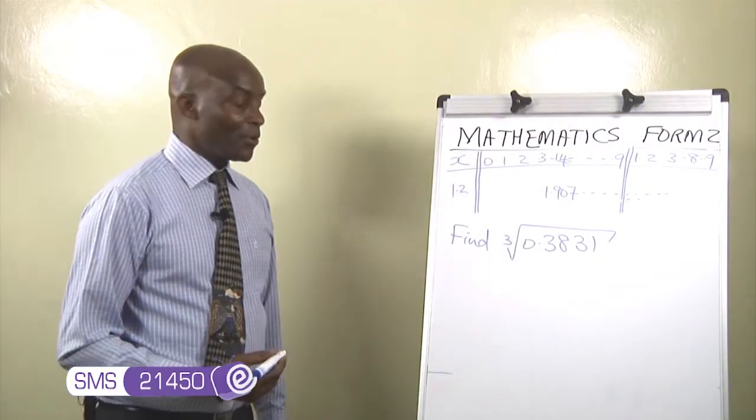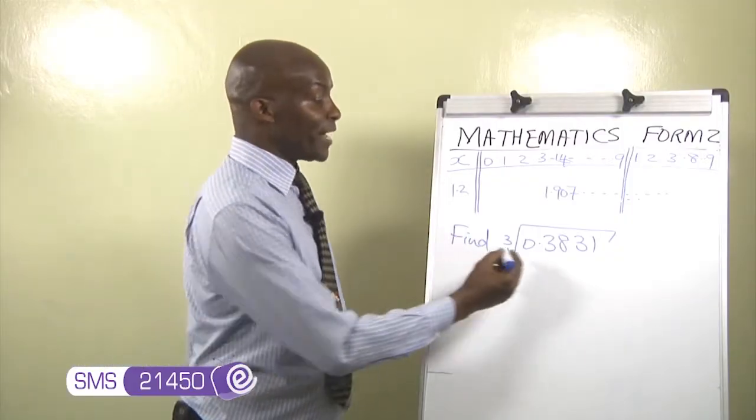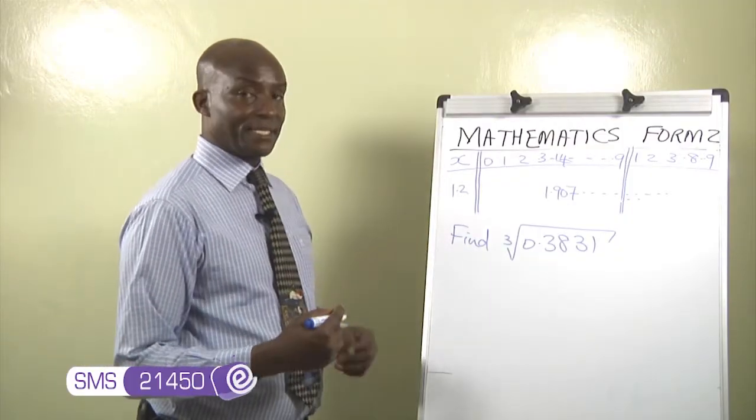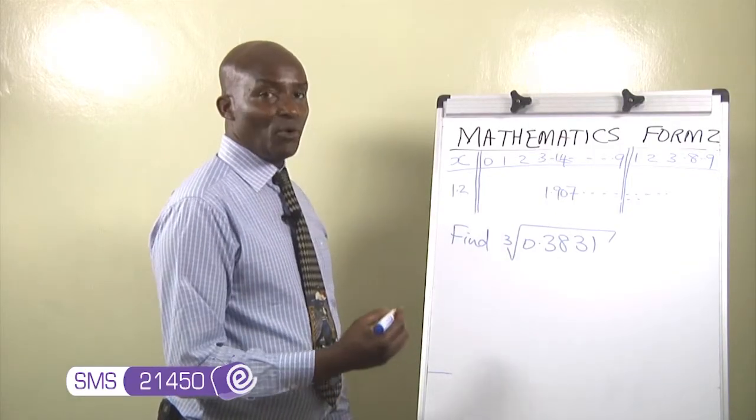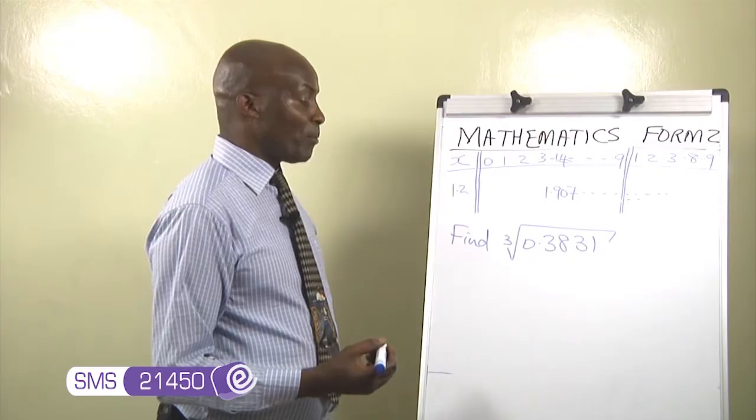Now here, remember we have to express this number such that its second factor will be a number whose power is divisible by 3.